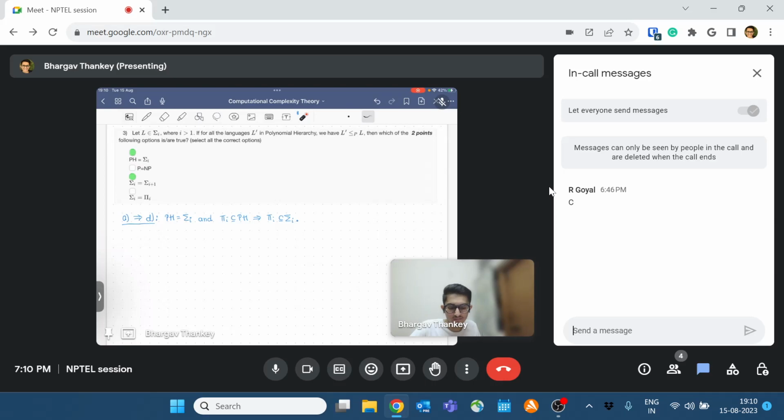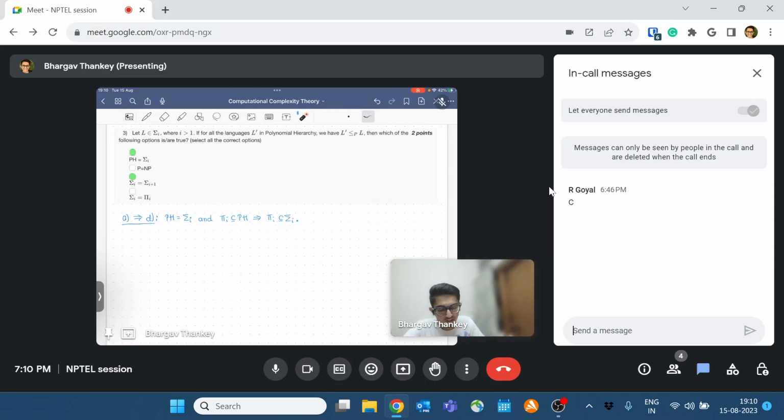If it collapses at the there exists level, will it be true for all levels also, because Pi I begins with for all? Right. So the meaning of PH collapse is this, and PH also contains Pi I, right?